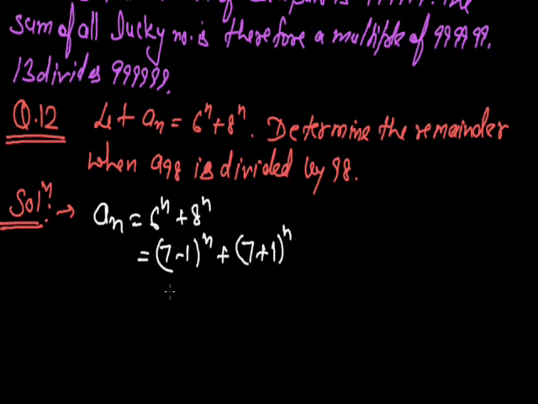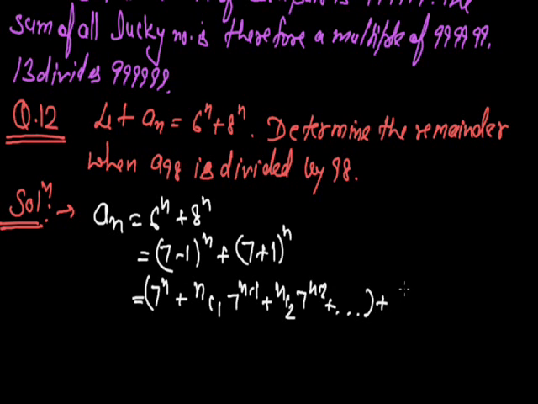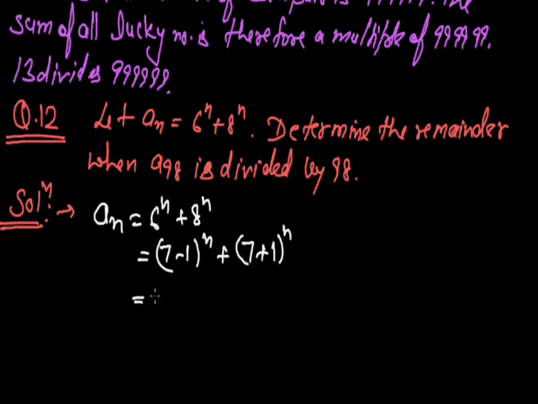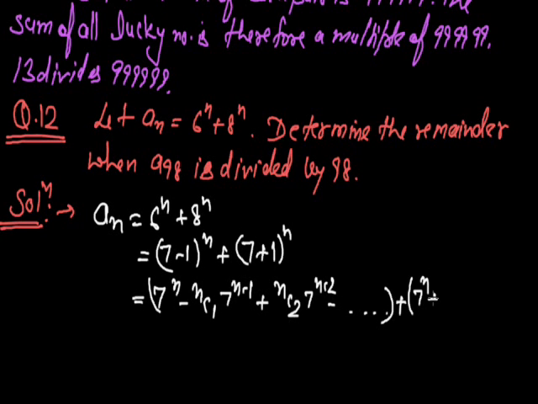Now by expanding both the terms, we have 7 raised to power n minus nC1 times 7 raised to power n minus 1 plus nC2 times 7 raised to power n minus 2, and so on, plus 7 raised to power n plus nC1 times 7 raised to power n minus 1 plus nC2 times 7 raised to power n minus 2 plus so on.